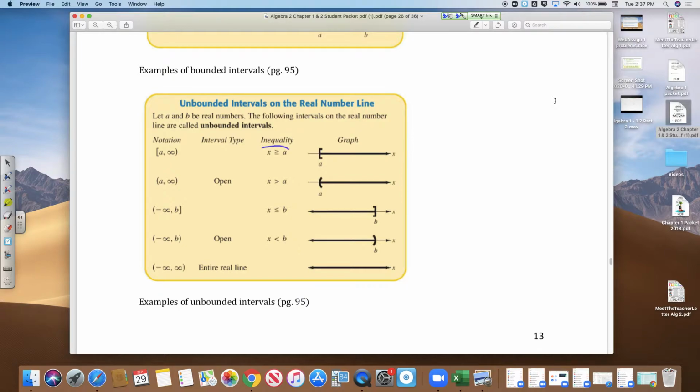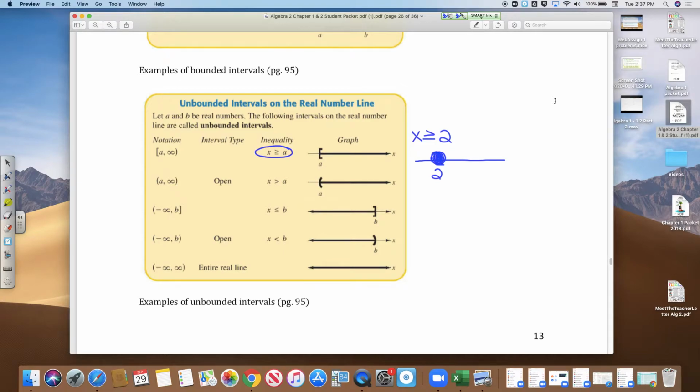If we look at this inequality here, where the numbers are greater than or equal to A, we can see on the graph that it starts at A, including A, and goes on forever to positive infinity. Similarly, if I had x is greater than or equal to 2, on my graph I would have 2 here, and depending on what you like better, you can use the square bracket or you can use a closed circle.